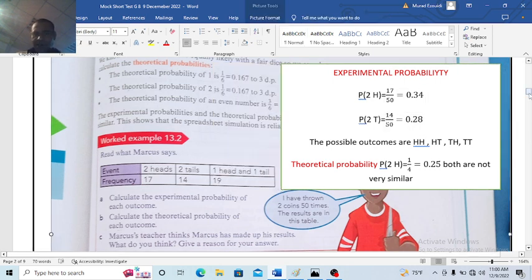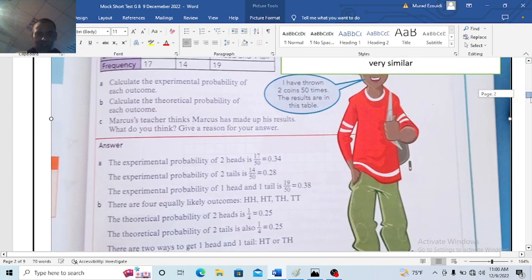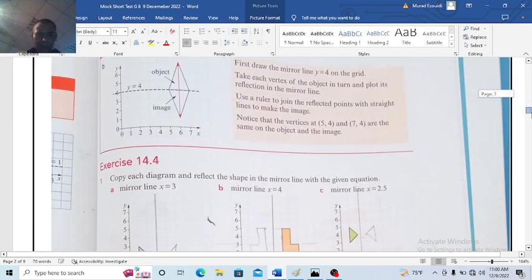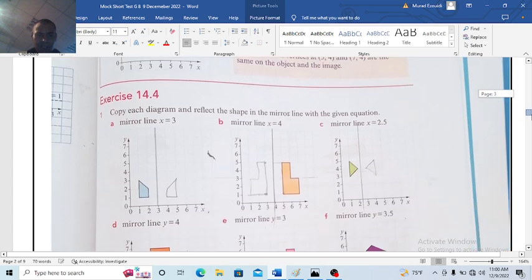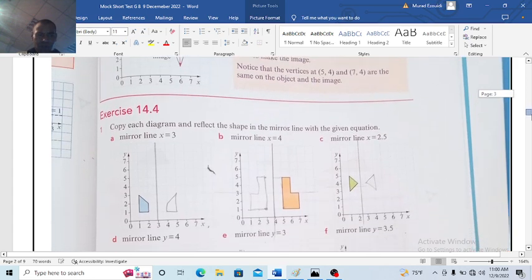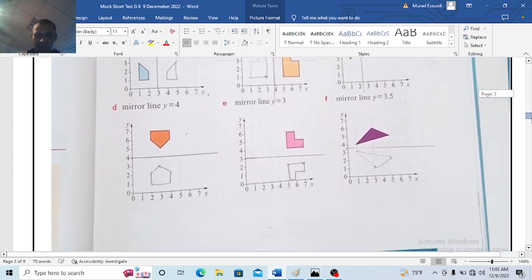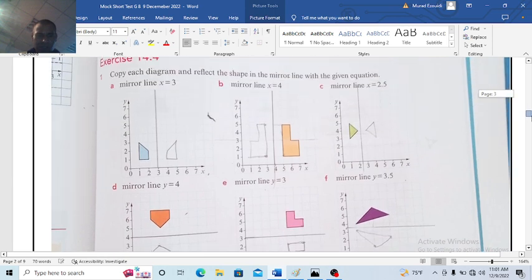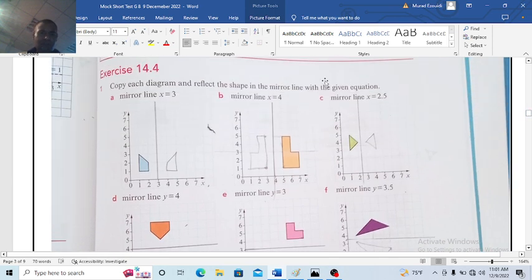The next one, my learners, question number 4, we'll move to page 312, 11. The question is, copy each diagram and reflect the shape in the mirror line with the given equation.